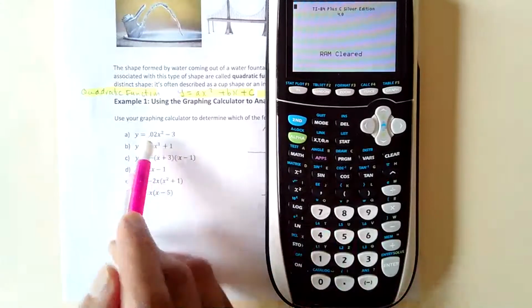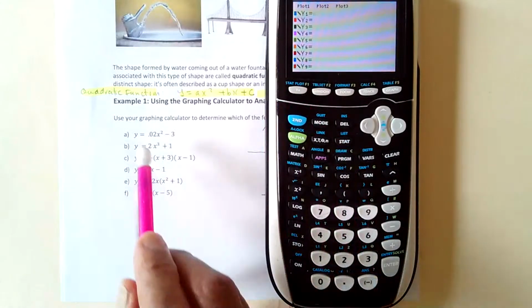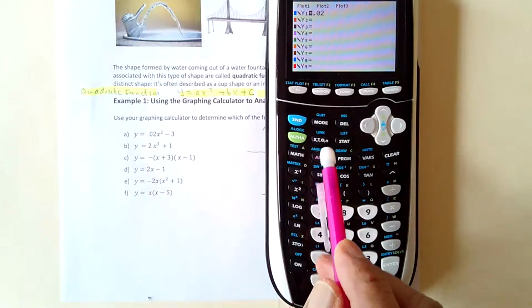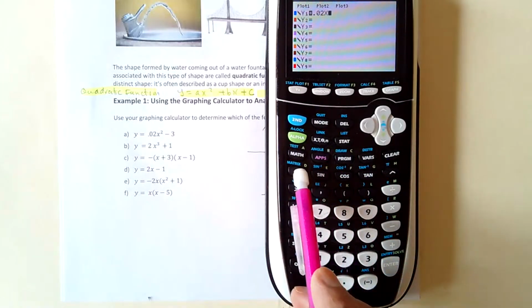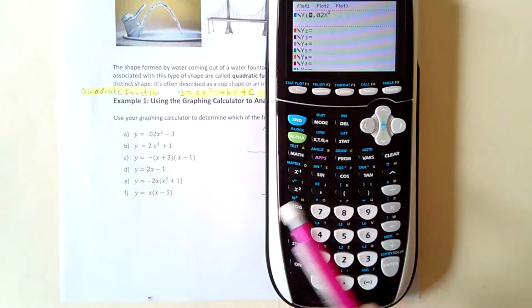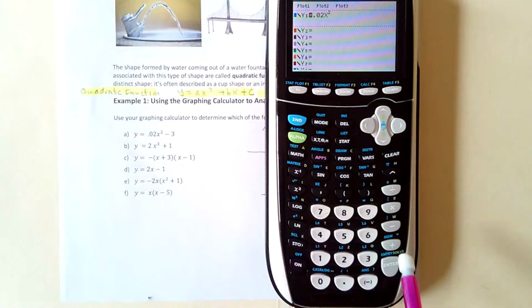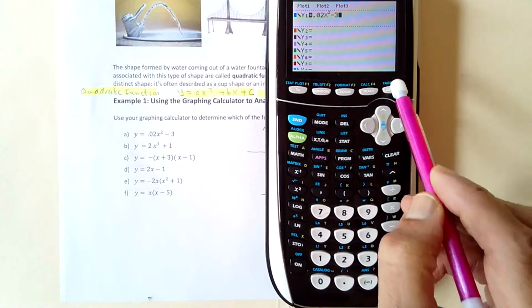Now, let's look at the first one. So y is equal to, go to my y equal button, 0.02x. Now your square button is right here, to the power 2. That's the easiest one. There's a shortcut. There are other ways you can do it. You can press your exponent button and 2. Now subtract 3. So graph that.